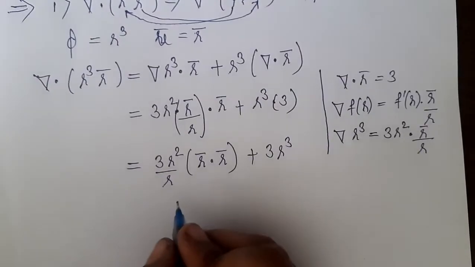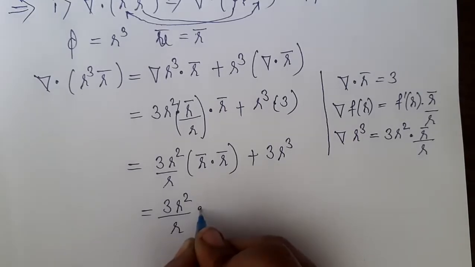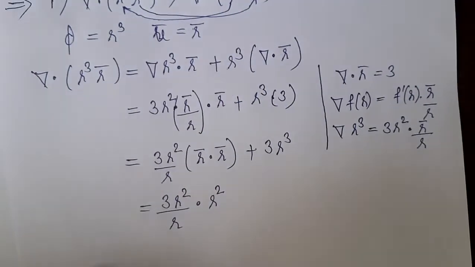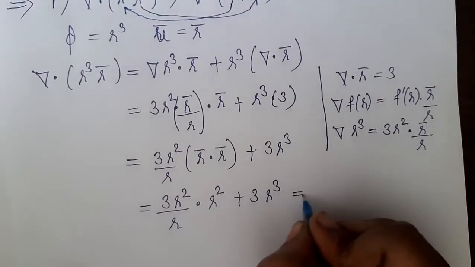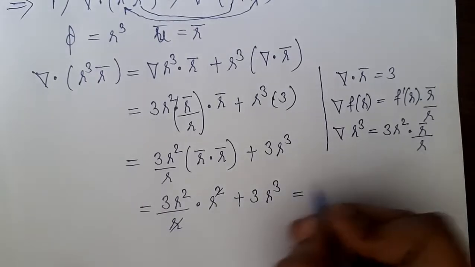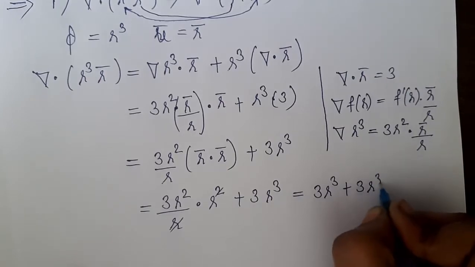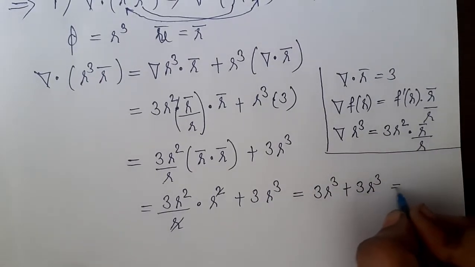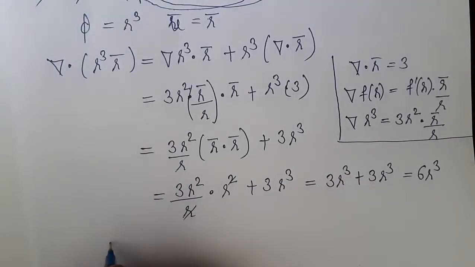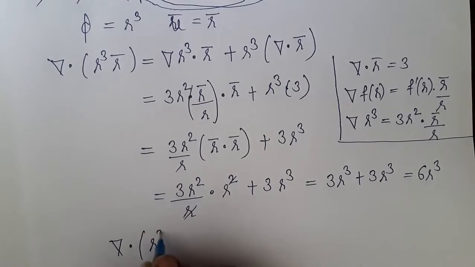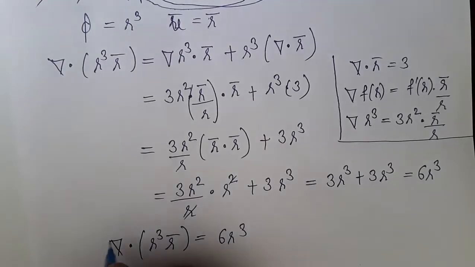What is r dot r? It is r square. So one r cancels, and remaining is 3r cube plus 3r cube, which is 6r cube. We get the result del dot r cube multiplied by r is equal to 6r cube.